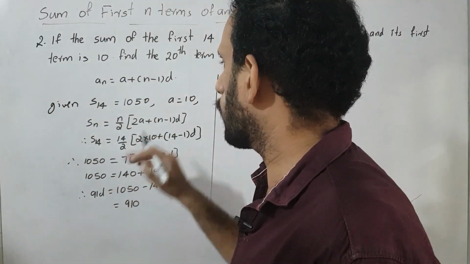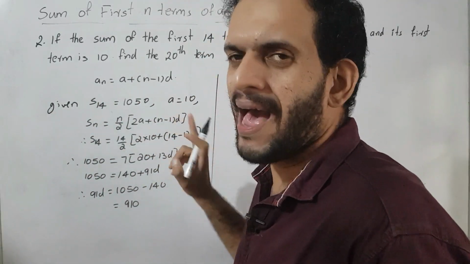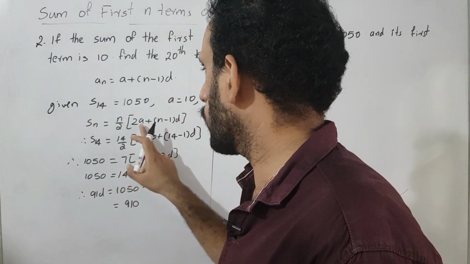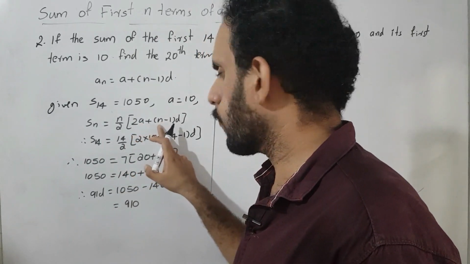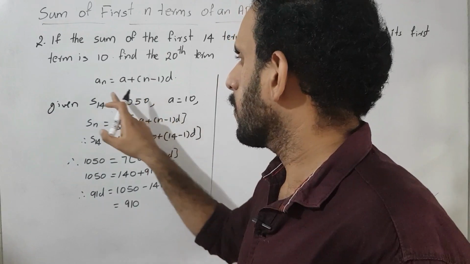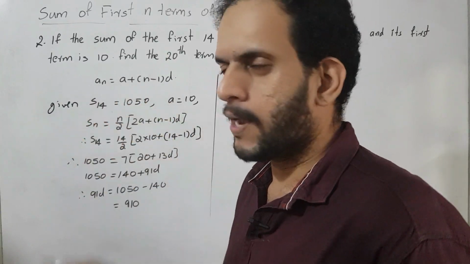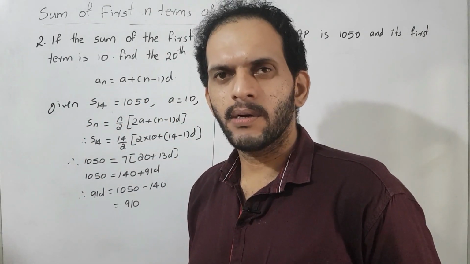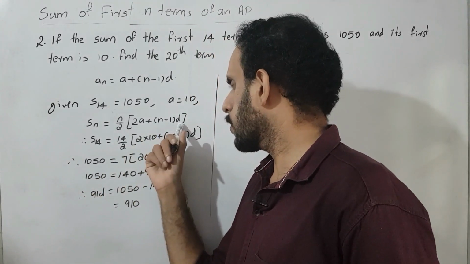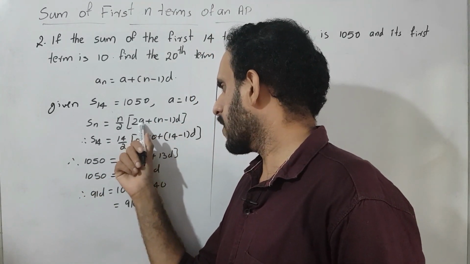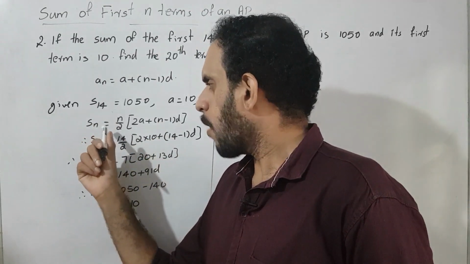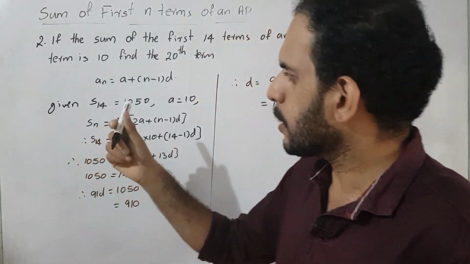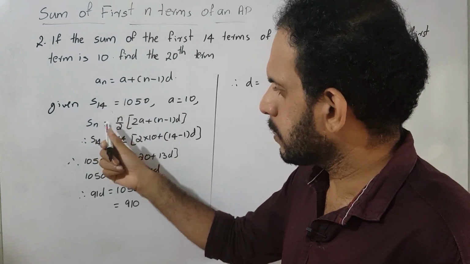This is another application for finding the value of d. Sometimes we need to find the value of a, or sometimes the value of n, when the sum of the terms is given. How do we identify which equation we need to use here?